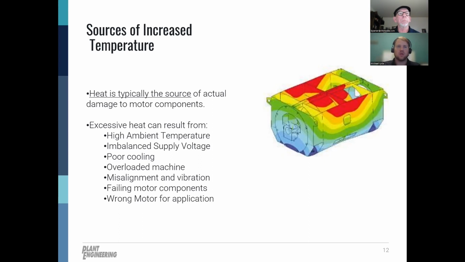If the motor is under an overload condition, a load higher than its nameplate rating, typically that's going to add heat. And also vibration, if you have shaft misalignment, or if the wrong motor is matched to the application, that could lead to vibration. Vibration leads to heat, typically in the motor bearings.